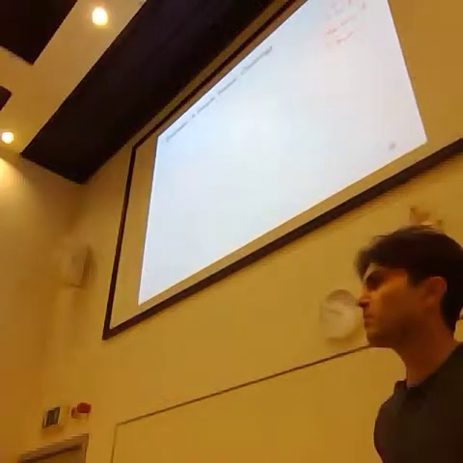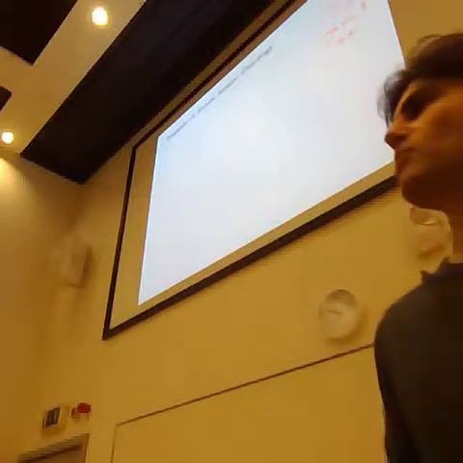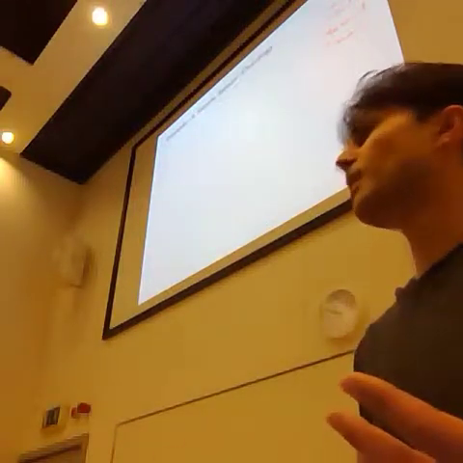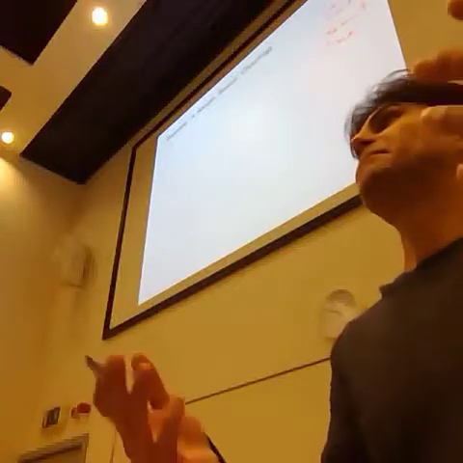Now, the first step in designing an ontology is agreeing on the terminology. What should we call our sensor? Shall I call it sensor? Shall I call it device? What should I call it? Let's call it a device.